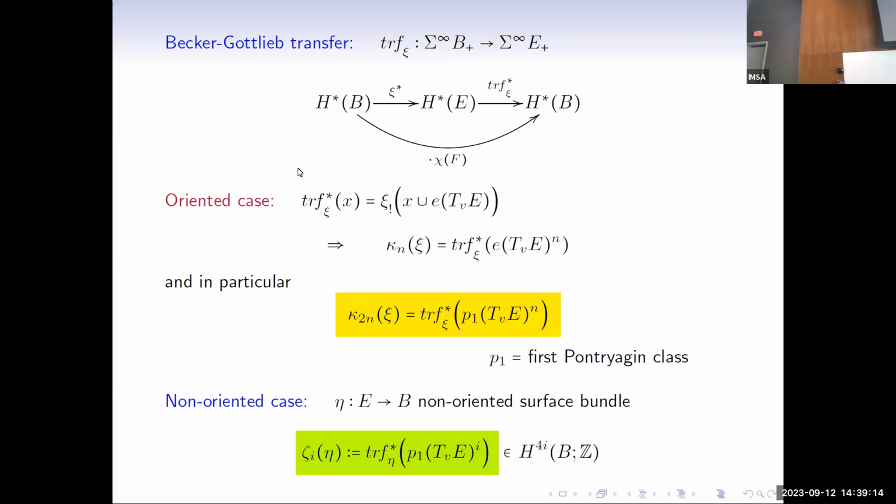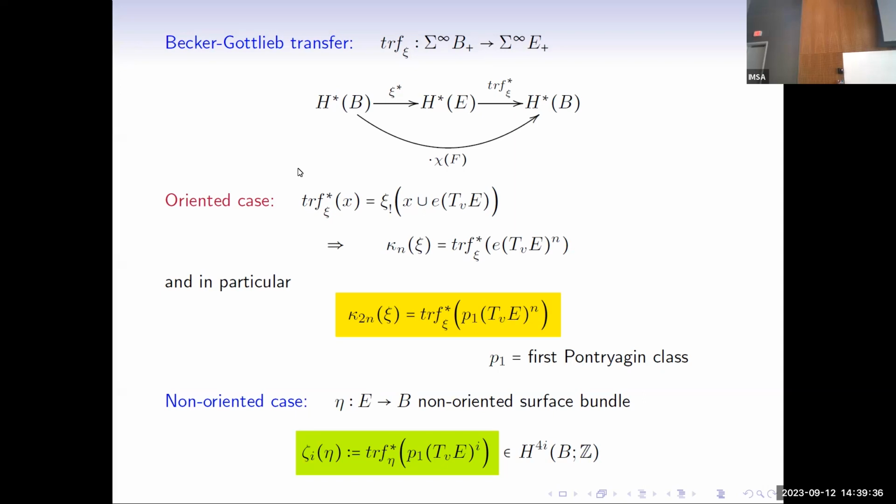Anyhow, in the oriented case, what you can do is check that the induced mapping in cohomology by the transfer is given by the Gysin map applied to x times the Euler class of the vertical bundle.